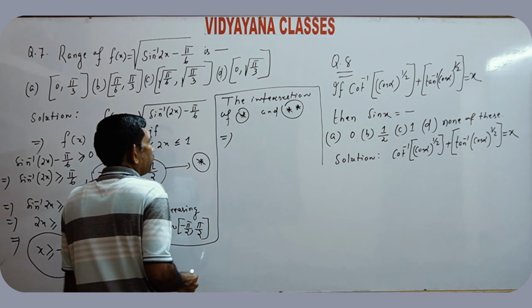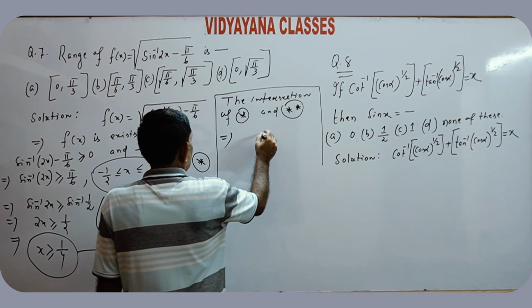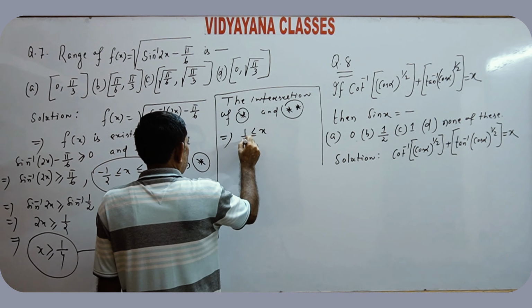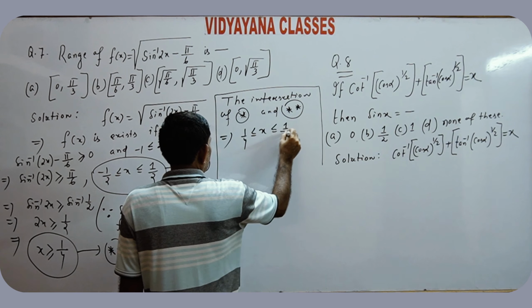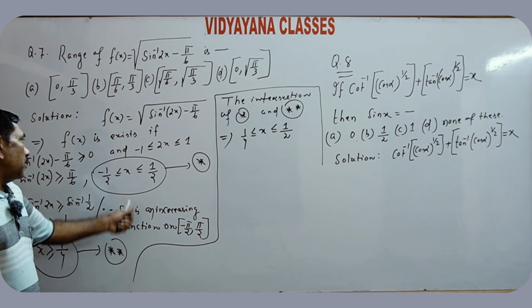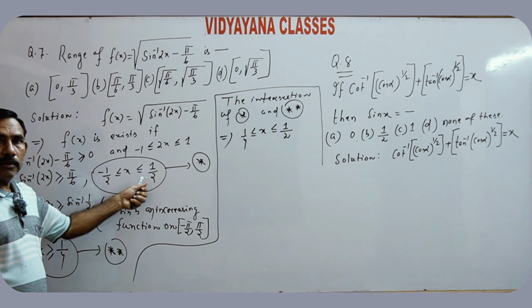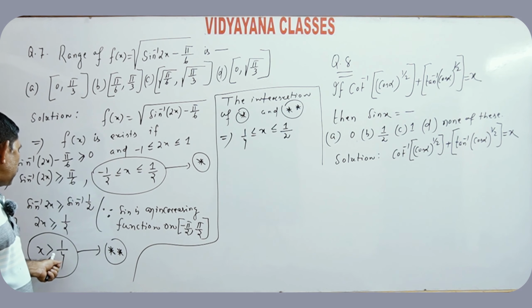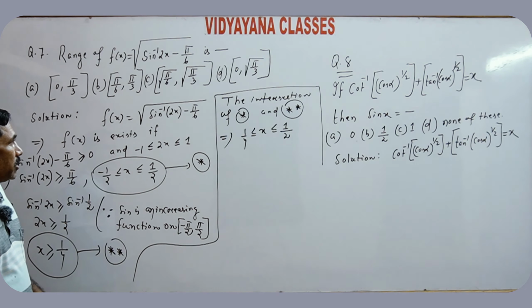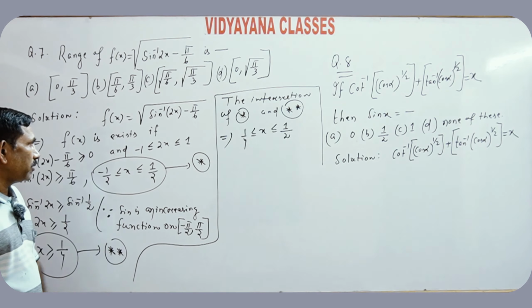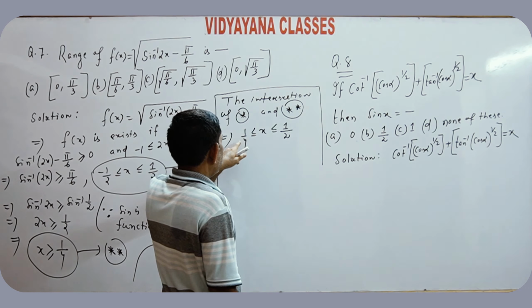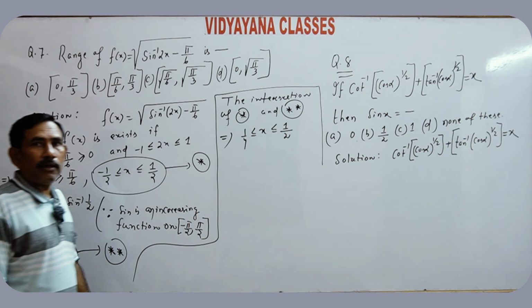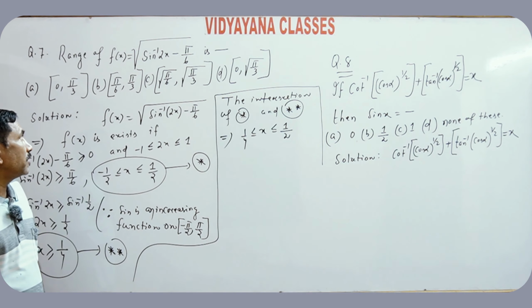Implies this: x lies between minus half and half, and x is greater than or equal to 1 by 4. The intersection or common solution of star and double star is x lies between 1 by 4 and 1 by 2. We have to find out the range.